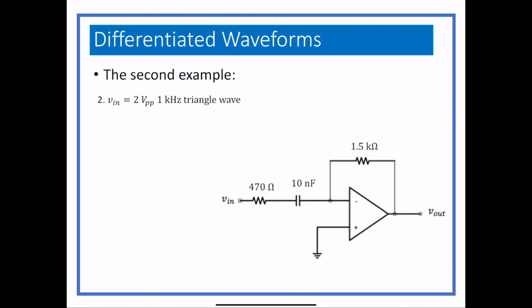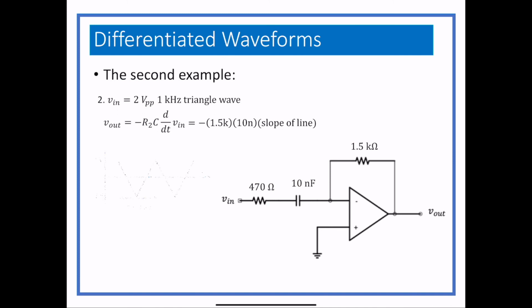So we have a 2 volt peak to peak, 1 kilohertz triangle wave. And we're going to calculate what Vout would be. We just take minus R2C times the derivative of Vin, which is basically going to be minus 1.5 K times 10 nanofarads times whatever the slope of the line is, since this is just a triangle.